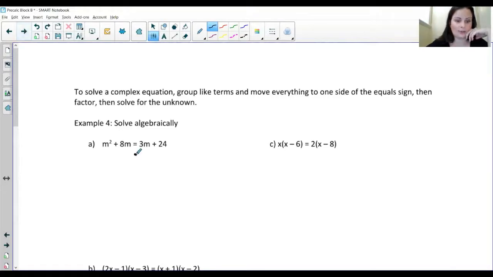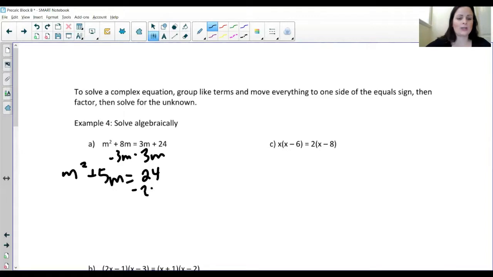So here I'm going to subtract 3m from both sides. So I'm going to end up with m squared plus 8m minus 3m is going to be positive 5m equals 24. Then I'm going to subtract 24 from both sides and I'm going to get m squared plus 5m minus 24 equals 0.